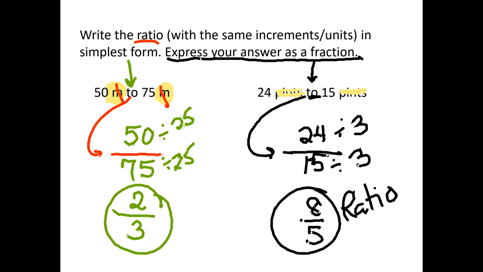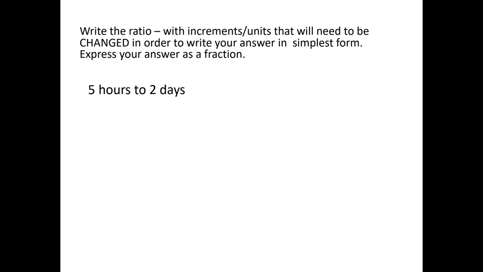Now, this is where everything you've learned in mathematics is going to change, which means you've got to remember, here's my TO, but notice this says hours, this says days, and again, write the ratio.